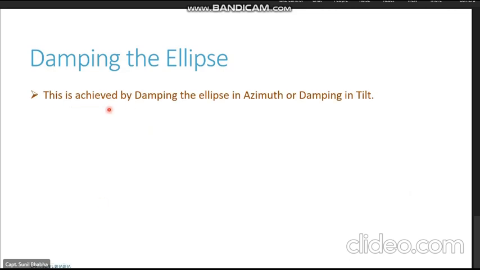Now this is achieved by damping the ellipse. This damping is possible in two different ways. The ellipse can be dampened in azimuth or it can be dampened in tilt.